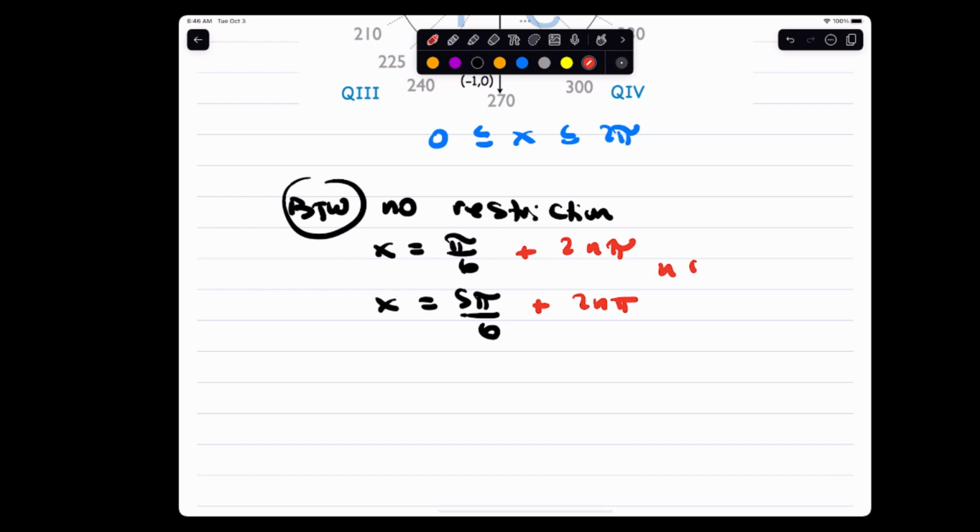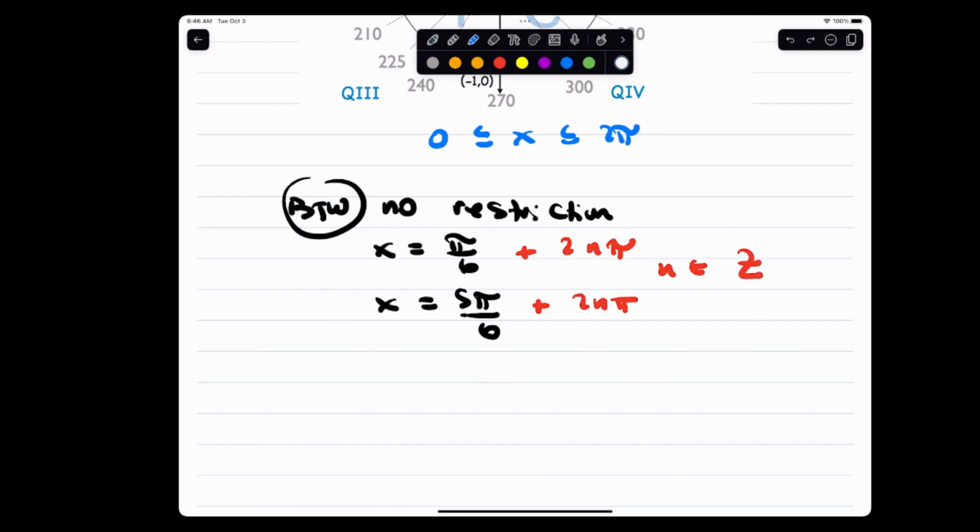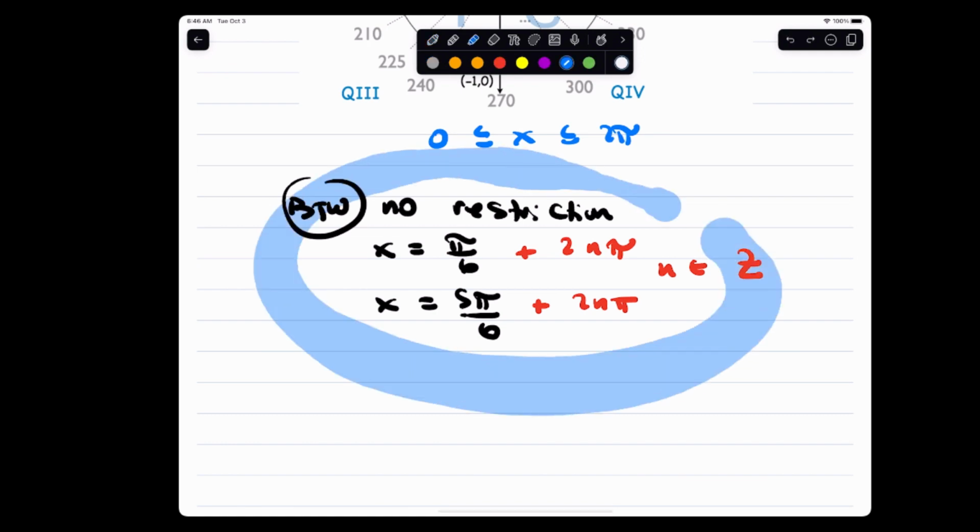What is n? n is an integer. So if there's no restriction, this is called your general solution. Okay, so you even have a general solution here. So there is some trig there, ladies and gentlemen.